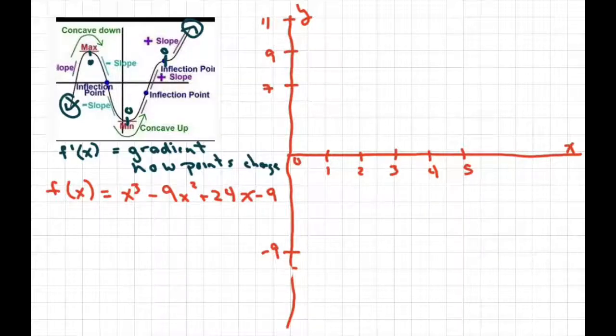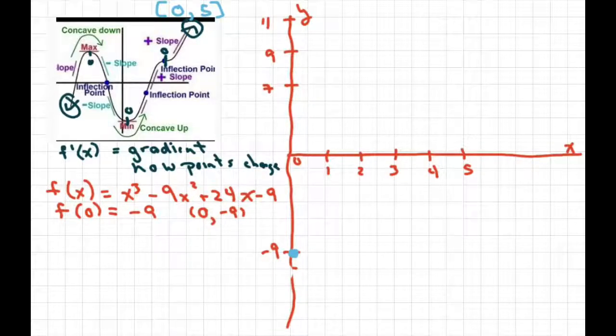When you plug in 0 here, all these x's go away. So you're going to have f of 0 equals 0 minus 0 plus 0 minus 9. So our y-intercept is (0, -9). So there's that point right there. And remember, we're supposed to graph on the interval from 0 to 5.